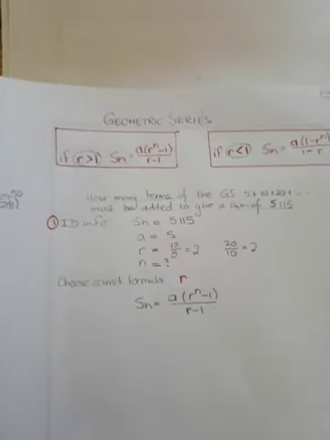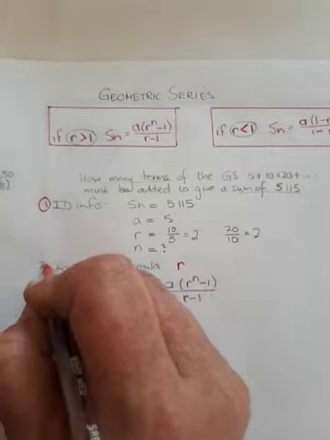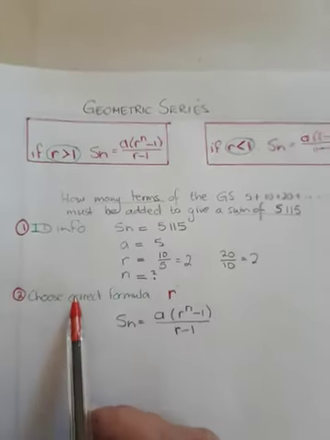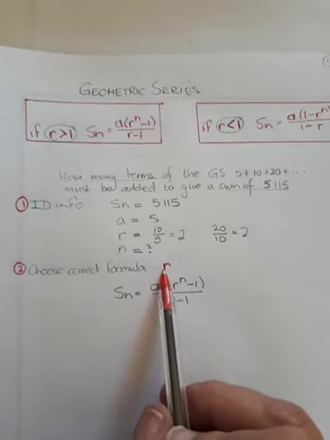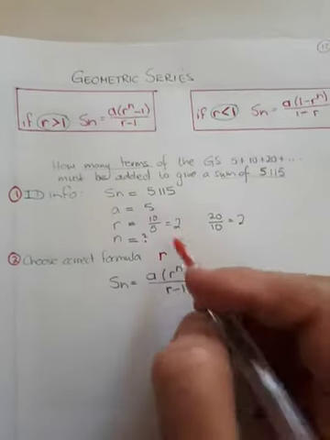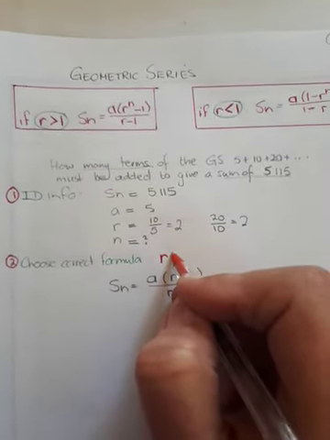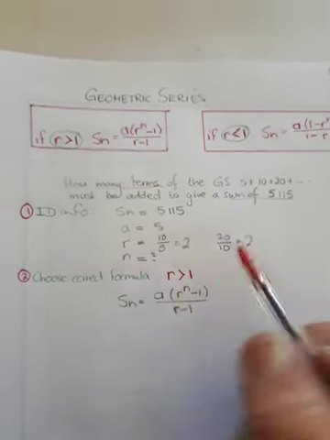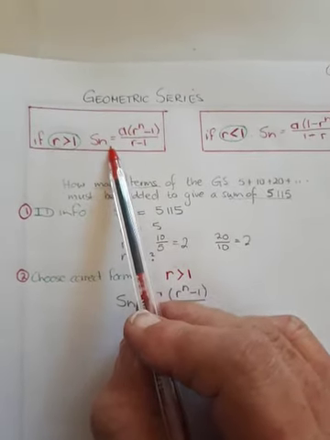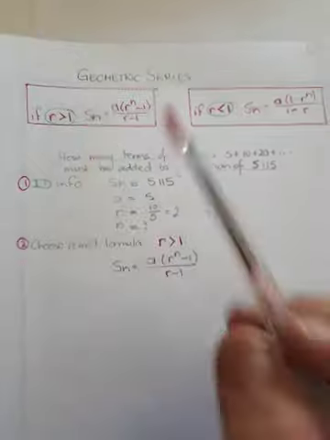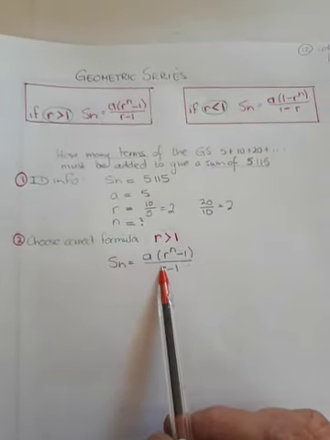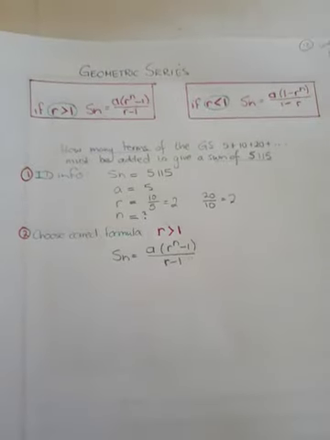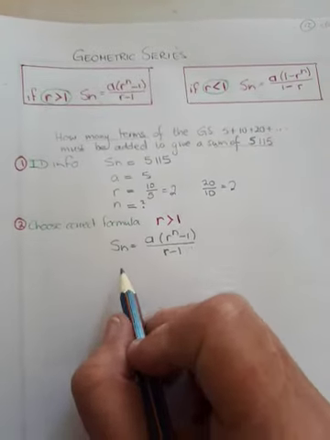So now in step 2, you have to choose the correct formula. And remember, you have to first determine r. r is 2, so that is greater than 1, which means we are going to use this equation. Okay, I have written it down, so you chose your correct formula. Step number 3, we're going to substitute.